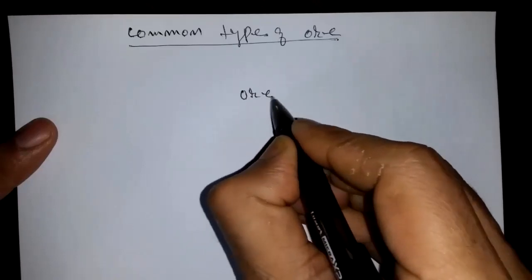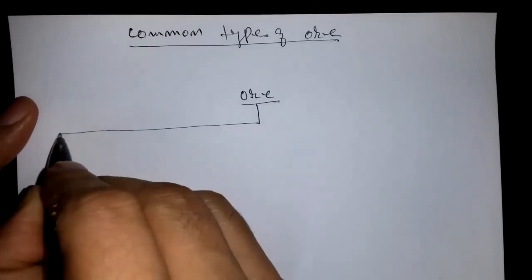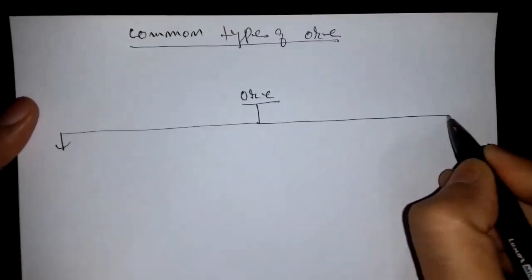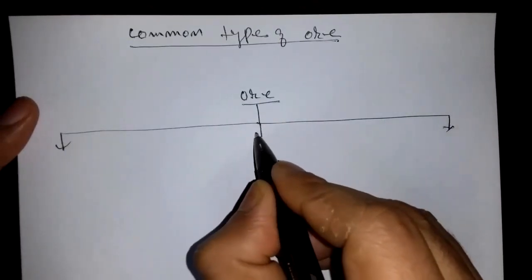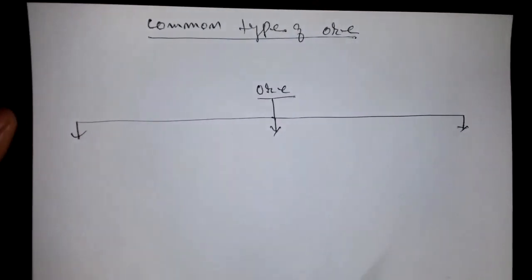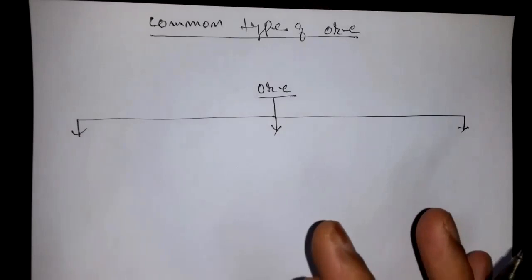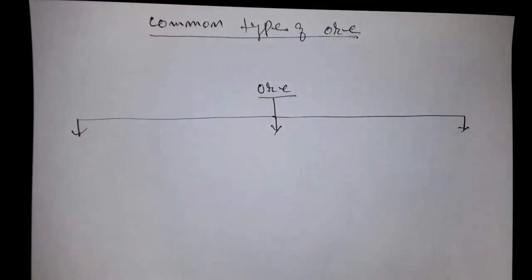Ore we can broadly classify into three. Don't think that ores are only three types, but the majority of ores will be in these three categories. In class 10 level, these three are the main types of ore.